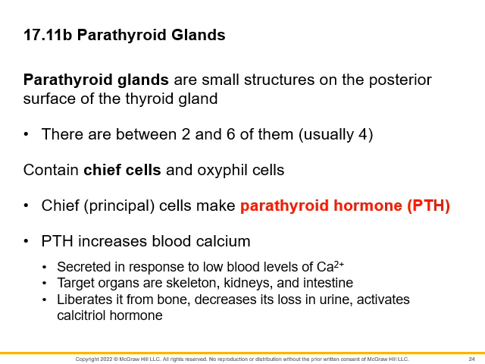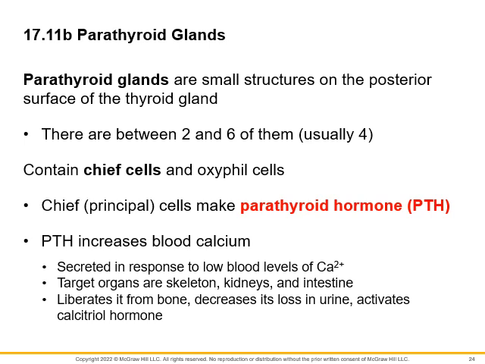Parathyroid, it's next to the thyroid, right? This parathyroid hormone does the opposite. It's another antagonistic hormone, this time to calcitonin. So we already talked about calcitonin being released from the parafollicular cells of the thyroid. Now we're talking about the parathyroid glands. Remember, these are small structures that are on the posterior surface of the thyroid. Usually you have 4, you can have as few as 2, you can have 6.